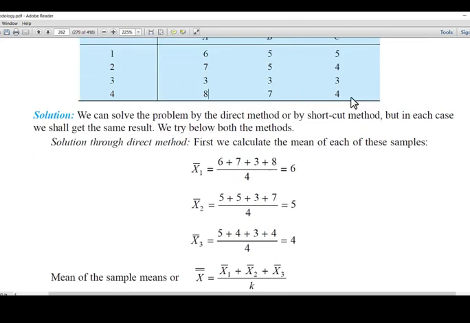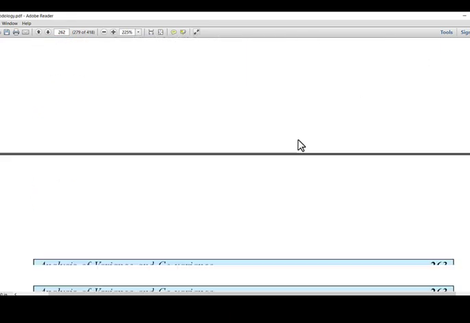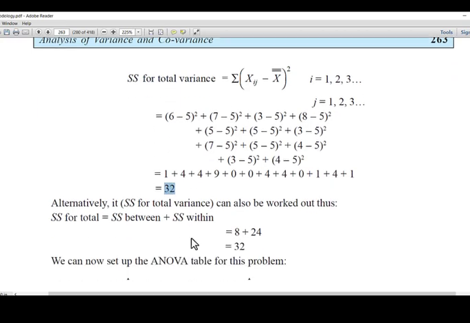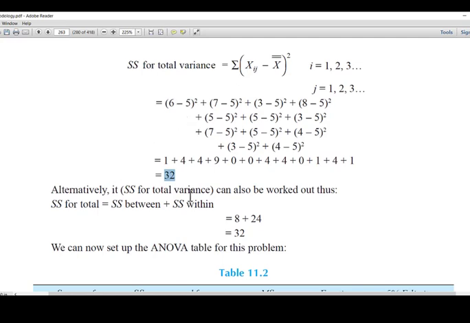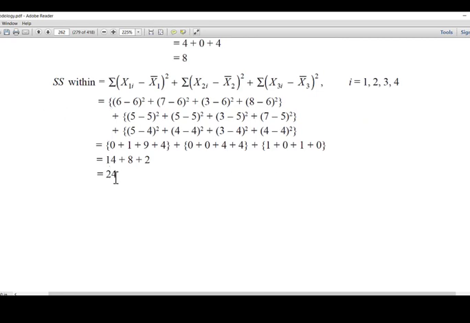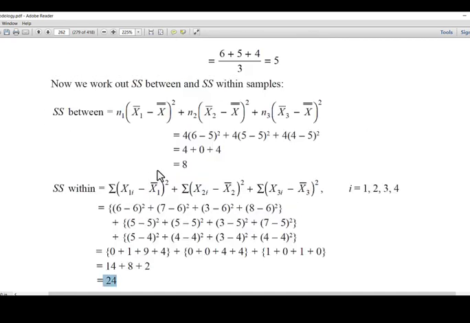Then 5, 4, 3, 4. These are subtracted from the mean of means, that is 5. Then this is squared and summed up. This value is 32. Now you can observe clearly that SS for total variance, this 32, is equal to SS between plus SS within. SS between is 8 and SS within is 24.